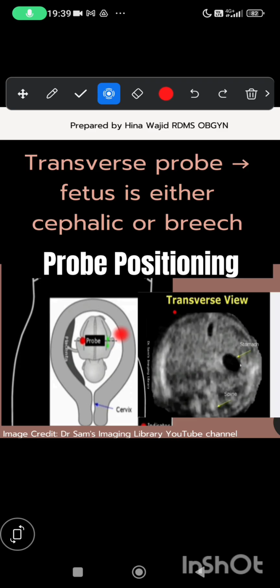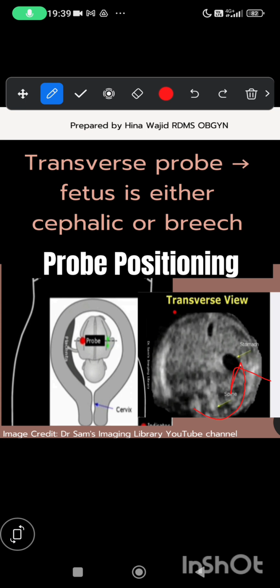Then you see the relationship of spine and the stomach. So the spine and stomach relationship here in this image is clockwise or anti-clockwise? Anti-clockwise. Okay. So now specifically in this transverse section, what does it tell?